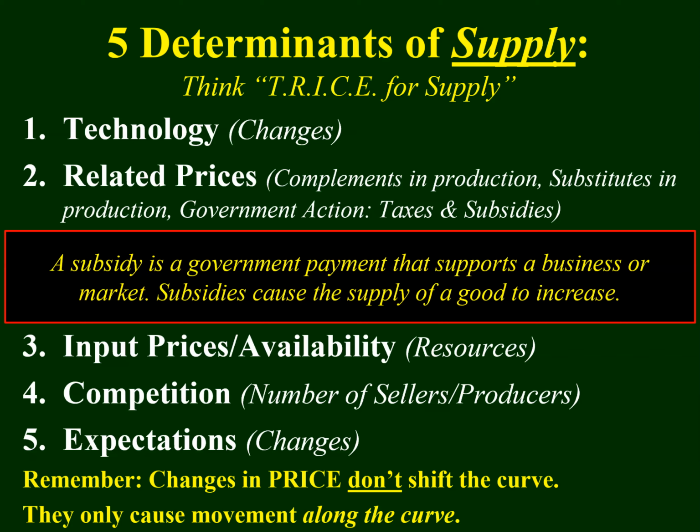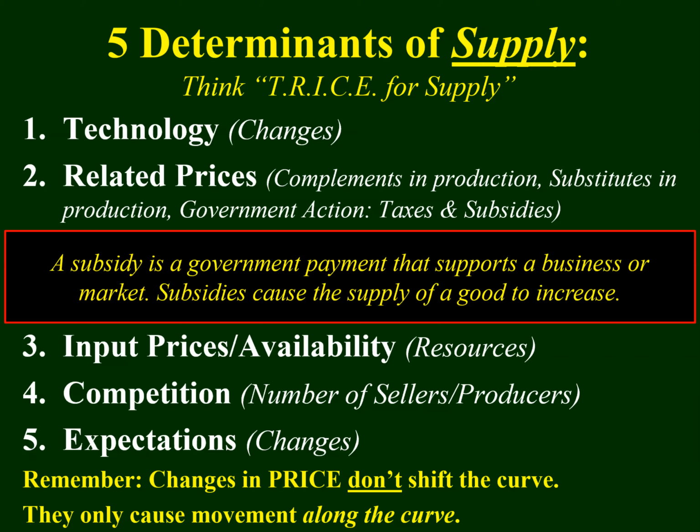R is related prices. This is the idea of government action such as taxes or subsidies that can shift the curve. Substitutes in production or complements in production can lead to related prices, which can shift the supply curve again leftward for negative actions and rightward for positive actions as a result of these related prices.